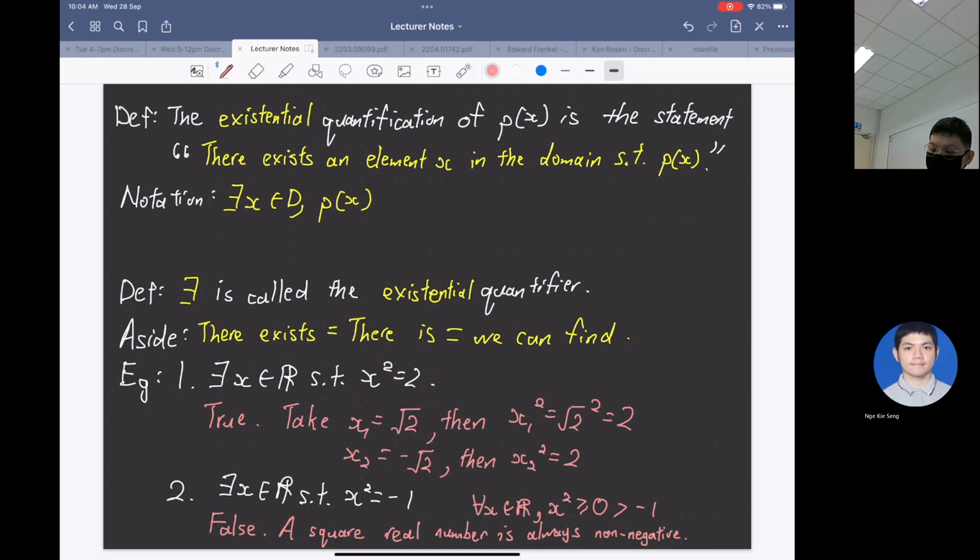Okay, in fact, this is the starting point of complex numbers. So just now I told you about complex numbers, right? So the algebraic person wants to introduce a root for this polynomial.